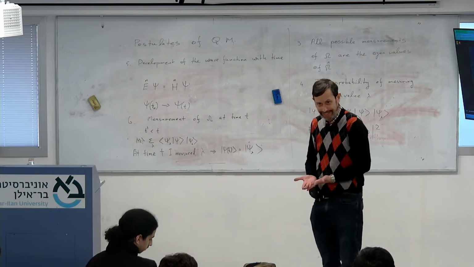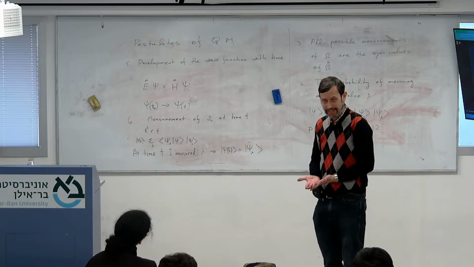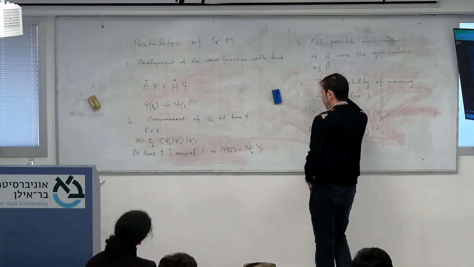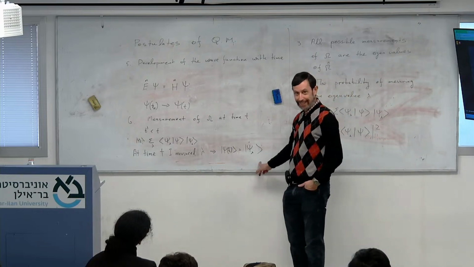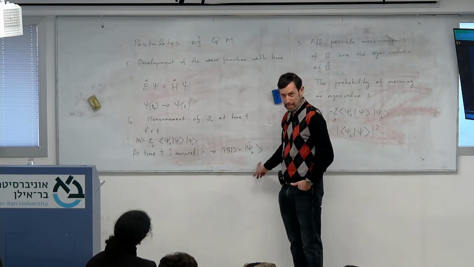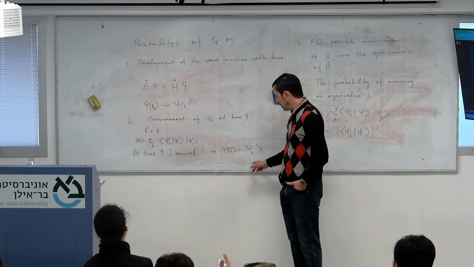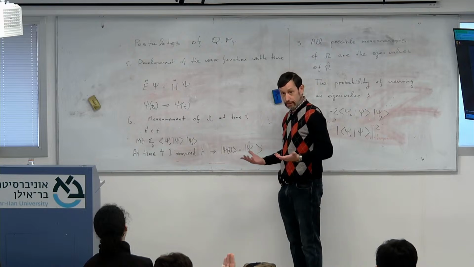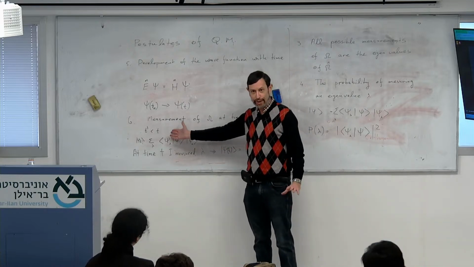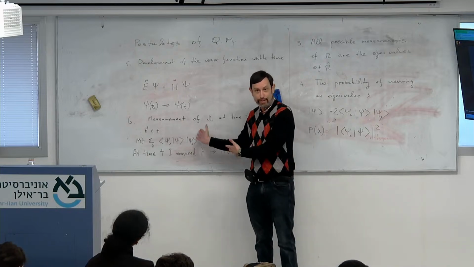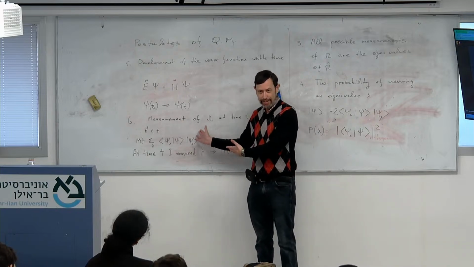That's not a linear operation. I claim that everything is Hermitian linear operators, but measurement is definitely not. It's not linear because it's a procedure that you can't write down as some matrix times the thing.